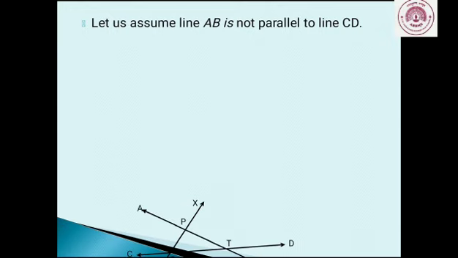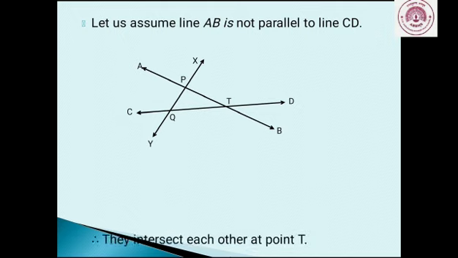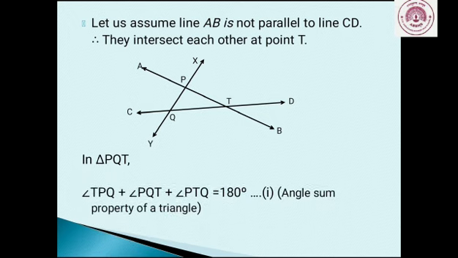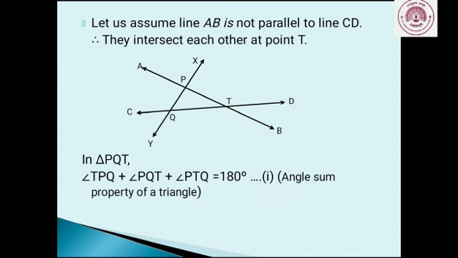Therefore, they intersect each other at point T. Now, in triangle PQT, angle TPQ plus angle PQT plus angle PTQ is equal to 180 degrees by the angle sum property of a triangle. Let this be equation number 1.